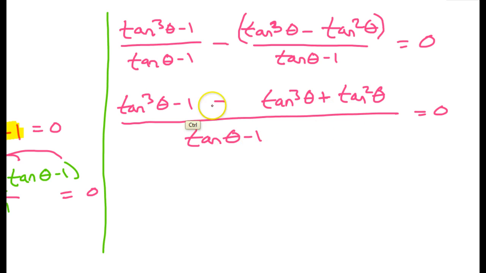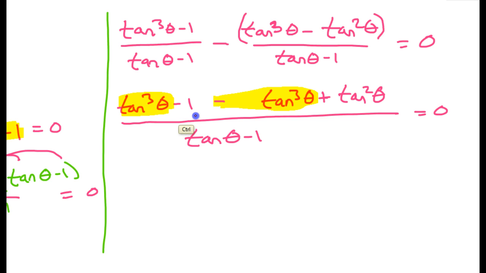Okay. Now, look what's happening in the numerator. Again, I have these like terms. I have tangent cubed theta, and then I have minus tangent cubed theta. Well, those are just going to cancel each other right out. Okay, so those are gone.